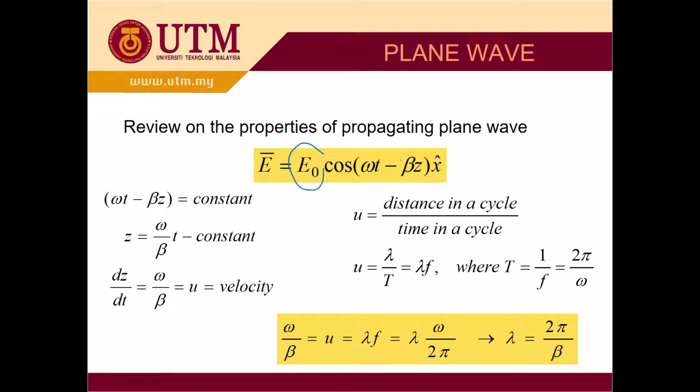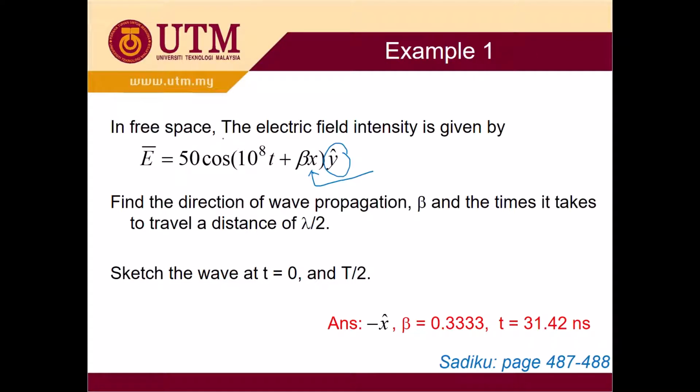So here is minus, and this is your propagation direction. When we compare with this, we have the plus here. So the direction of the propagation should be in minus x. Okay, so this is the answer.